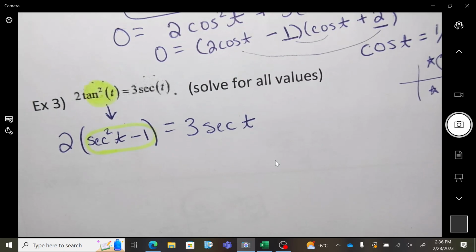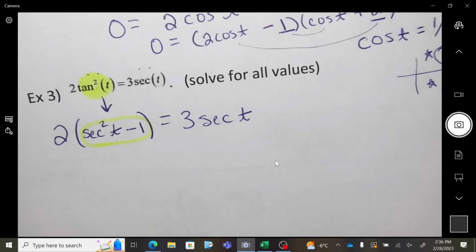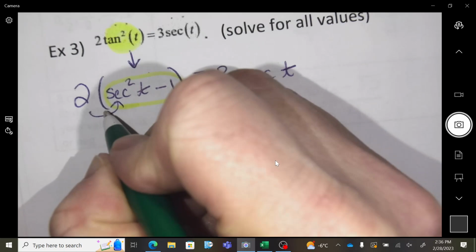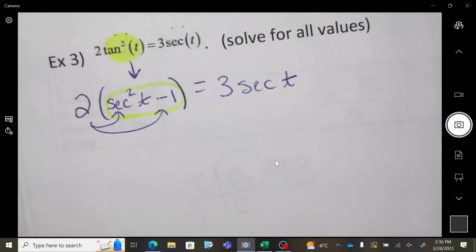Okay, did everybody pick secant squared minus 1 from the top part of the formula sheet? That was good? Okay, so step 1 was our replacement. Now, I need to do some algebra work here.